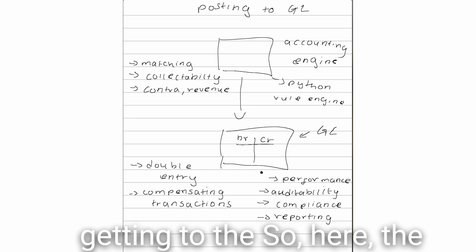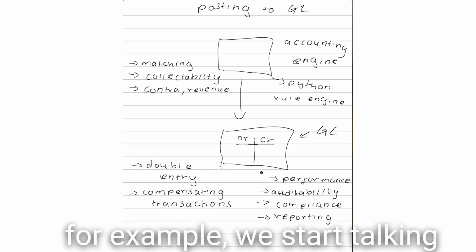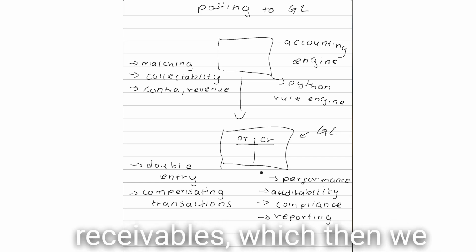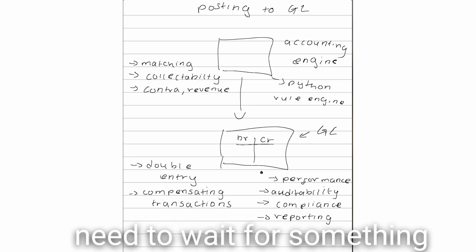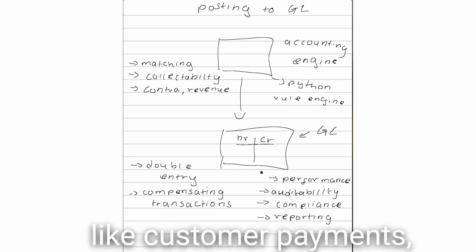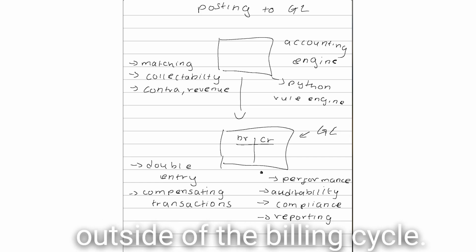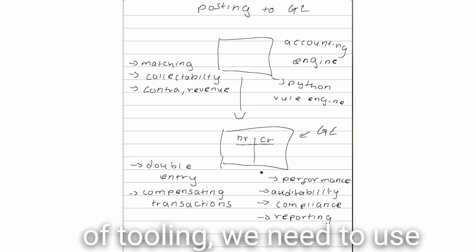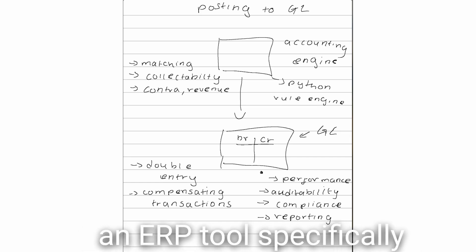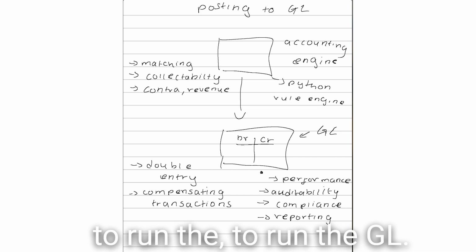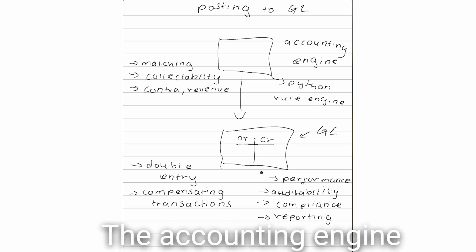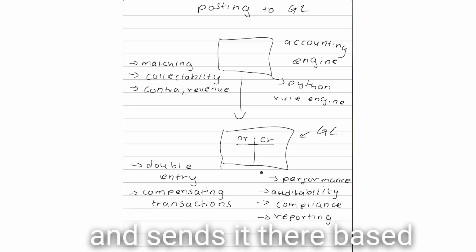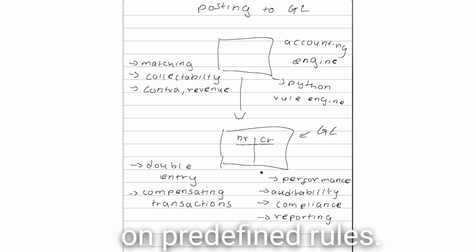So here the language changes a bit, and for example we start talking about things like account receivables, which then we need to wait for something like customer payments, which are going to happen outside of the billing cycle. So here in terms of tooling, we need to use an ERP tool specifically to run the GL. So the accounting engine itself just processes it and sends it there based on predefined rules.